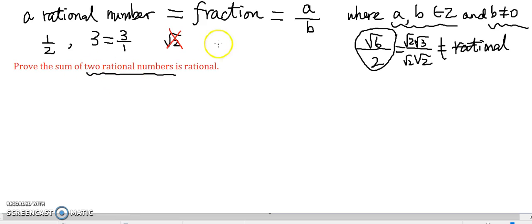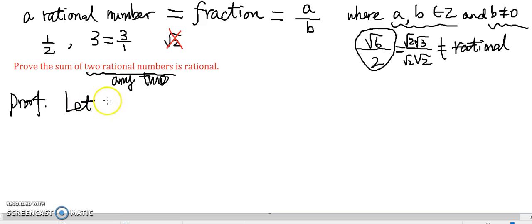We can use those forms to prove the sum of two rational numbers is rational. Because these are any two rational numbers, we cannot pick 1/2 and 2/3. We cannot pick specific numbers. We still pick two rational numbers, but not specific ones.